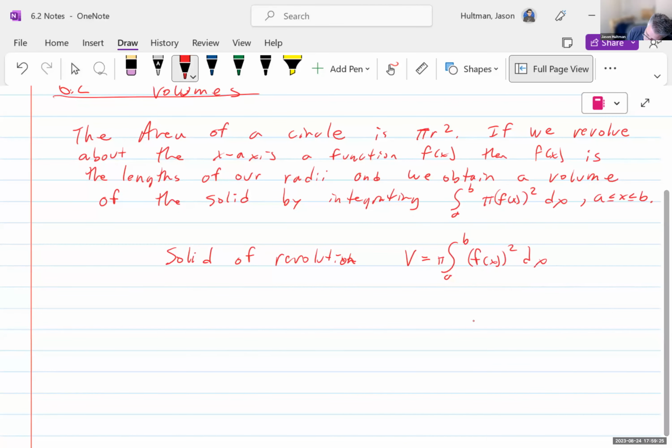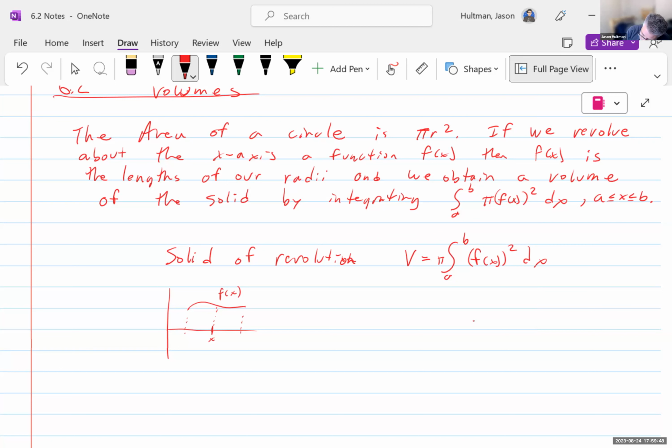So what is this describing? Well, if we take a function, then we can think of f of x as the height of this function at any value x.